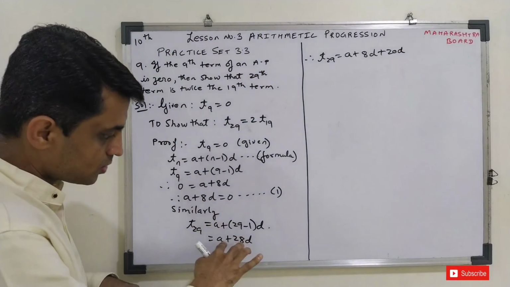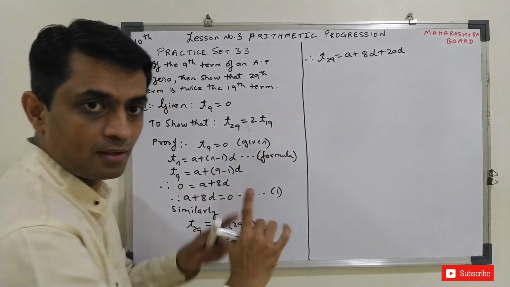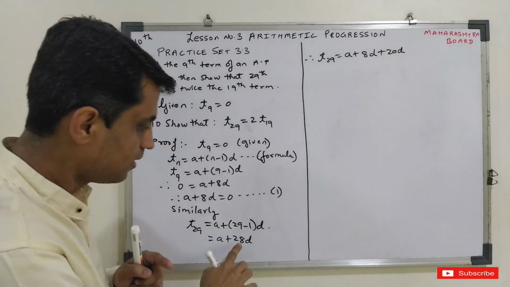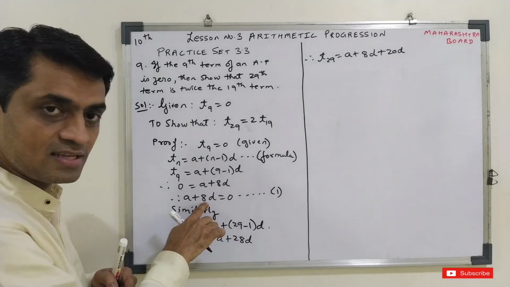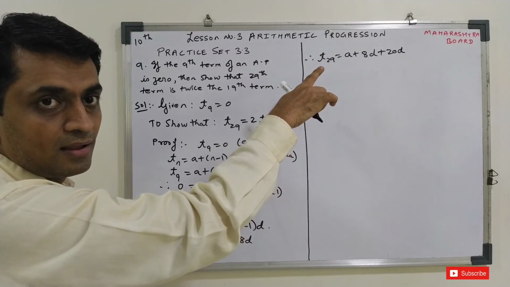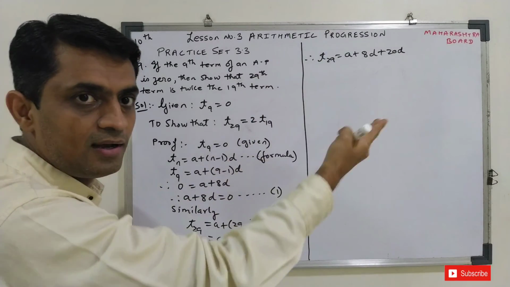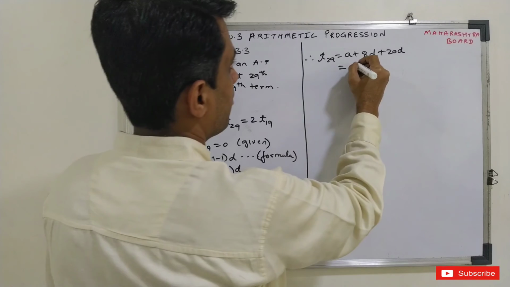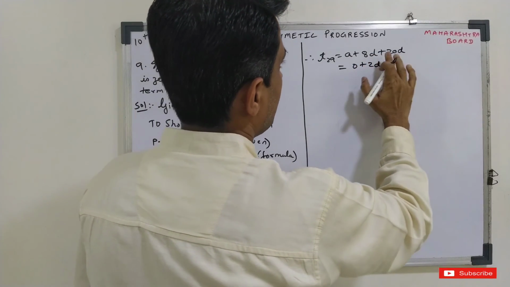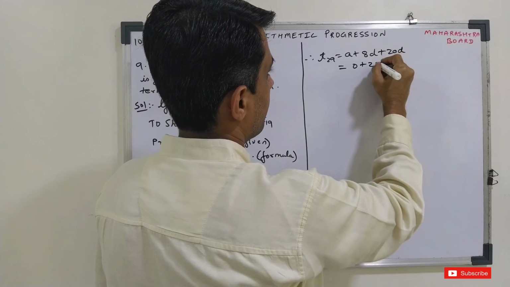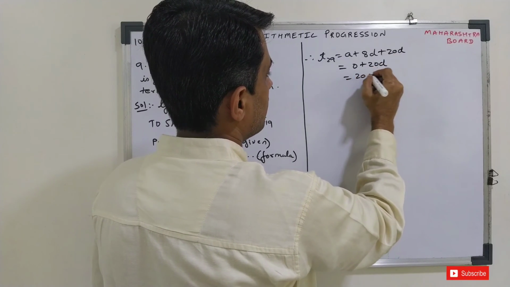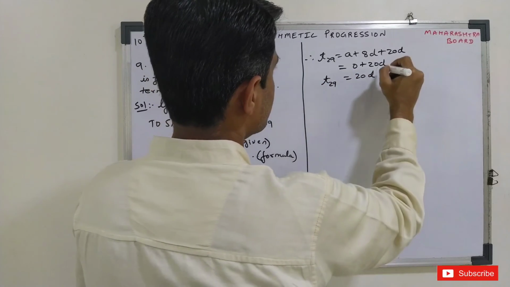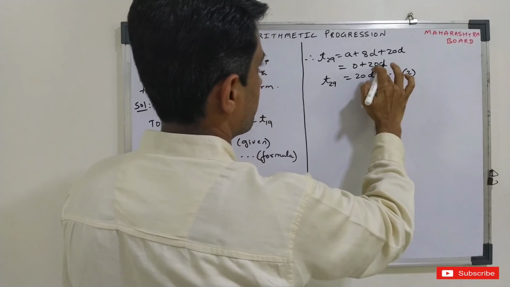We are writing in this form. 28 is written as what? 8 plus 20. 8 plus 20 is what? 28. But why we selected 8? Because we want this. So we started with 8D. So how much plus do we have to add? 28 will come. 20D. So here A plus 8D is what? 0. 0 plus 20D. So what we get? 20D. So T29 is 20D and this we note it down as 2.